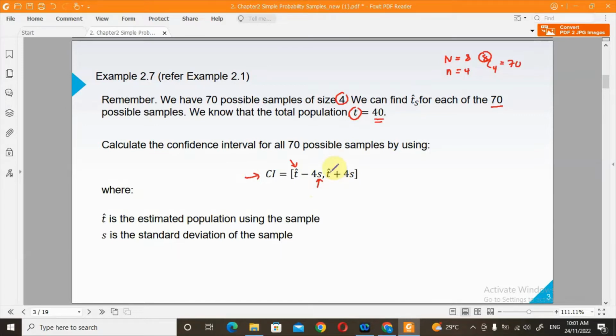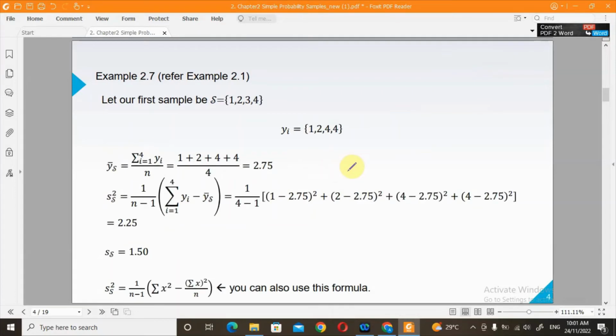For the lower limit, we use T hat minus 4 times the standard deviation, and for the upper limit, we use the estimated population total, T hat, plus 4 times the standard deviation.